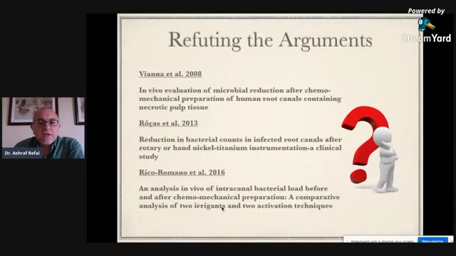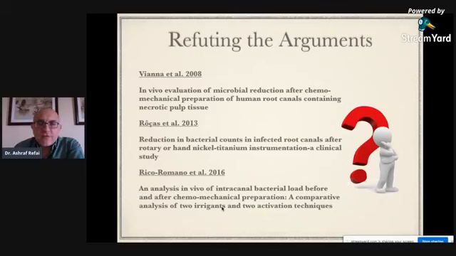Again, let's look at some of the research. Vieira in 2008, Rôças 2013, and Rico-Romano in 2016. These are all bacterial reduction studies where basically the researchers have taken teeth. They clean out these teeth with different methods of irrigation and preparation, and then they take swabs from these canals to make sure that they are without bacteria.